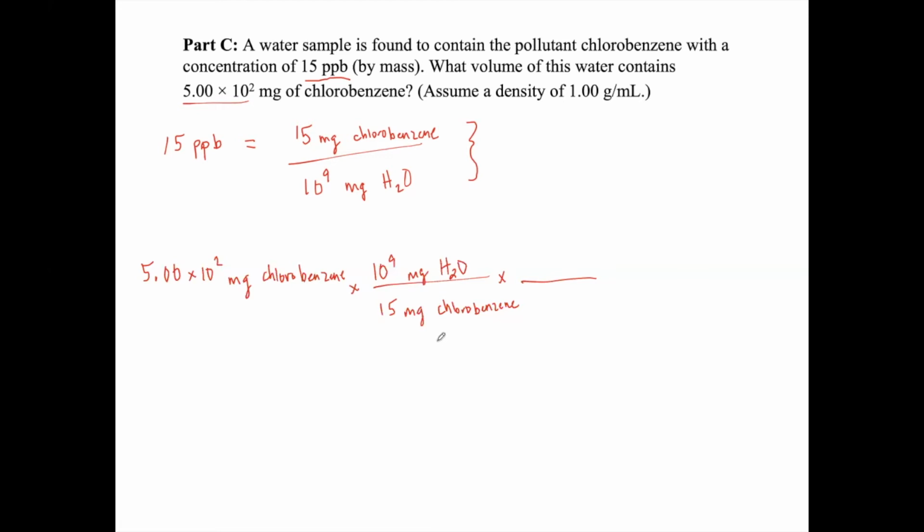Let's quickly convert milligrams. There's 10 to the third milligrams in 1 gram. The density of water is 1.00 grams per milliliter.